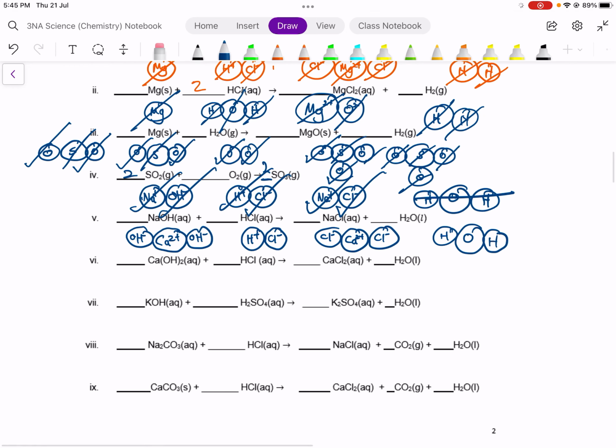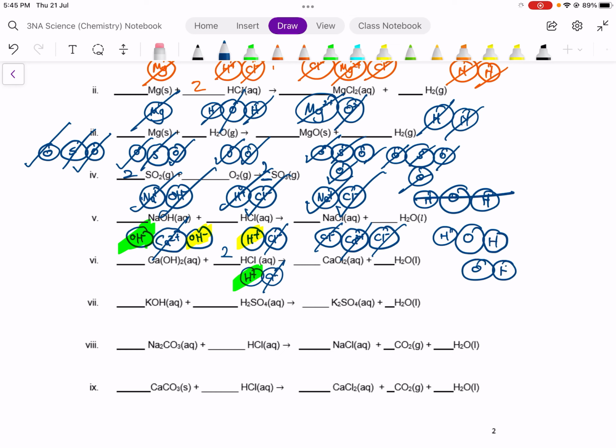So let's try to balance. Immediately I will balance the chloride. Put one more set of HCl. Then you need to put a 2 here. Chloride balanced, Ca balanced. Next thing you realize there's two sets of OH minus, so the yellow one is one set, the green one is another set. So you need two water.